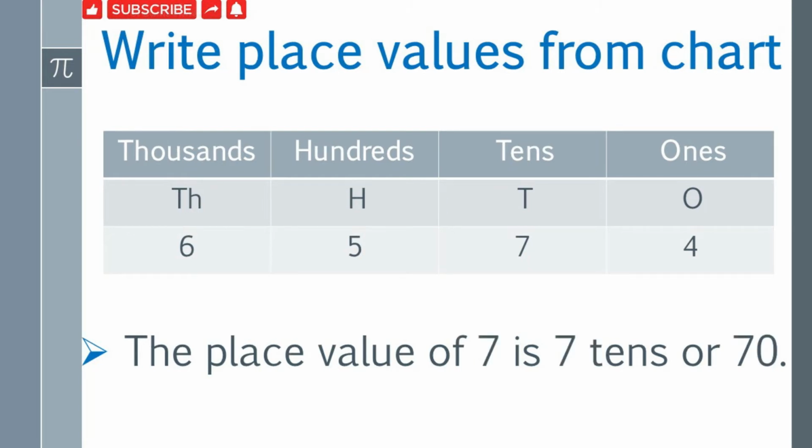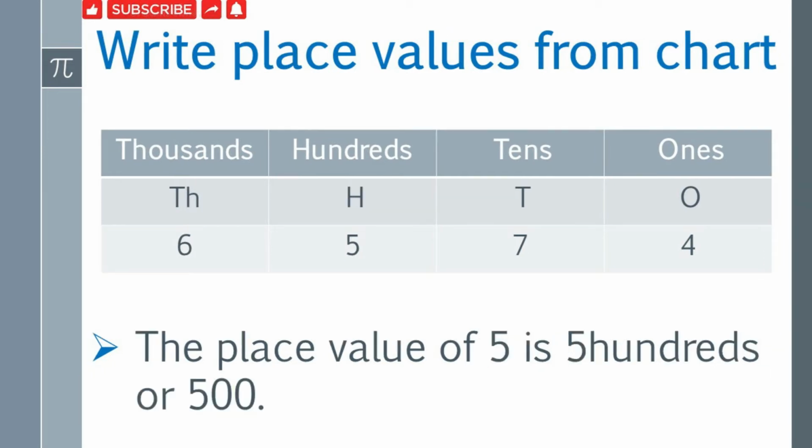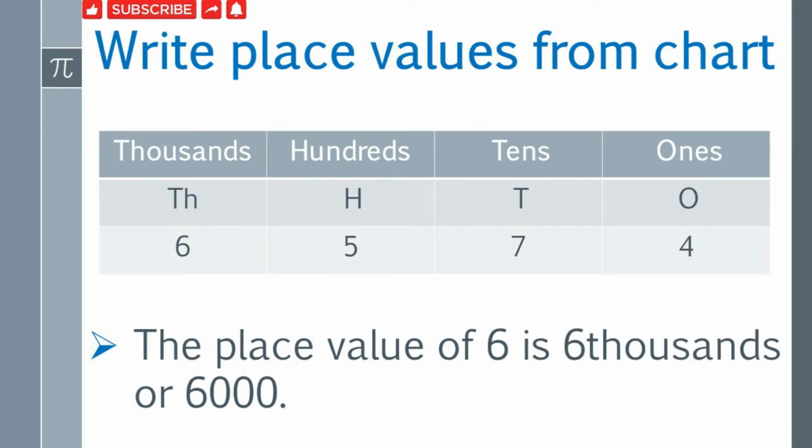The place value of second digit 7 is 7 tens or 70. Now 5 is at hundreds place, so the place value of 5 is 5 hundreds or 500. And the last digit 6 is present at thousands place, so the place value of 6 is 6 thousands or 6000.